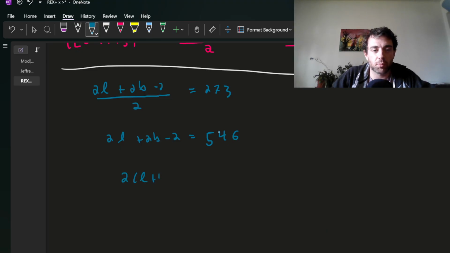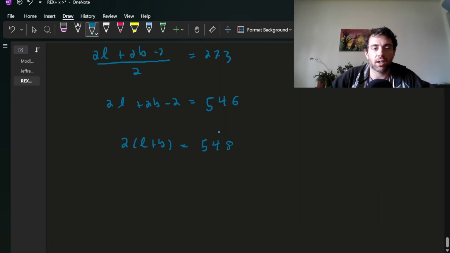So we have 2 times (L + B) is equal to 546 plus 2, which is 548. Can we solve this for positive integers? Yes, certainly. So this is going to be L + B equal to, now we simply need to divide by 2, so this should be 274 in this case, if I'm not mistaken.